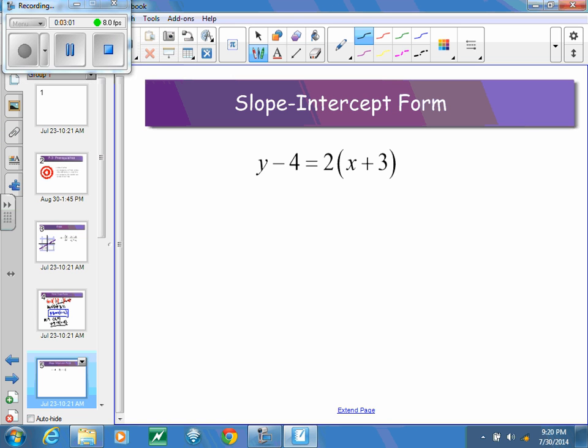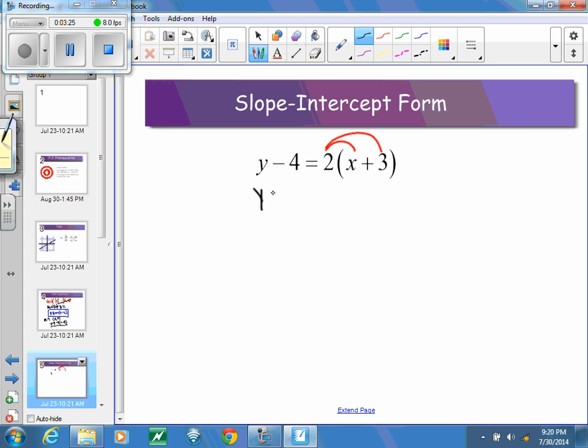And slope intercept form comes from point slope form. And really all it does is it simplifies it for us, solving the equation for y. So here I am just using a random example. Notice I have a slope of 2 and then I have my point in there. But if I wanted to write this in slope intercept form, I would eliminate these parentheses using the distributive property.